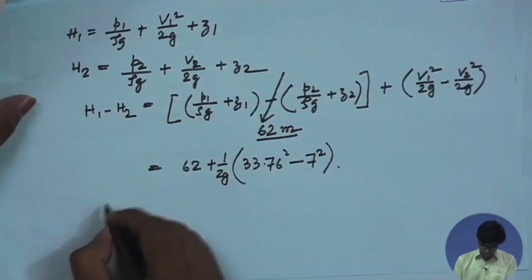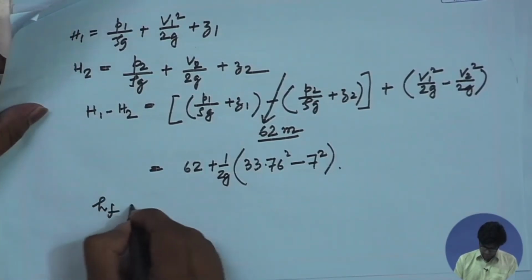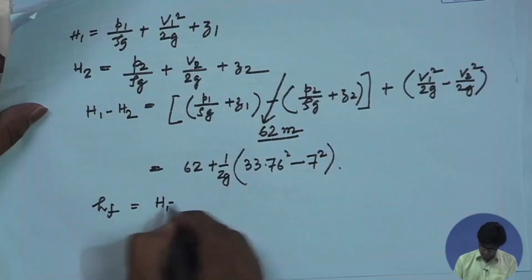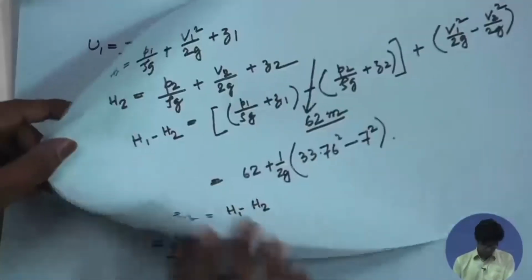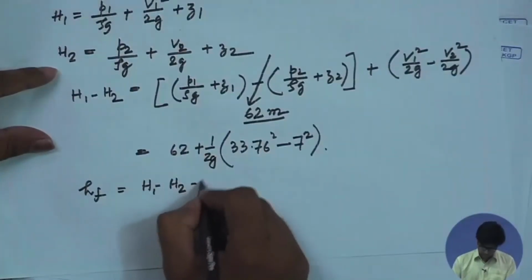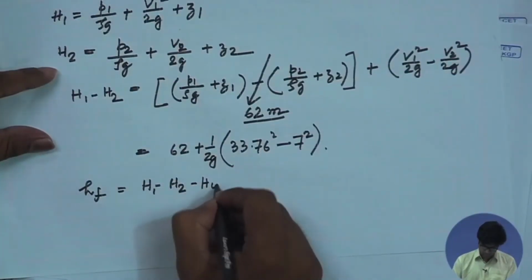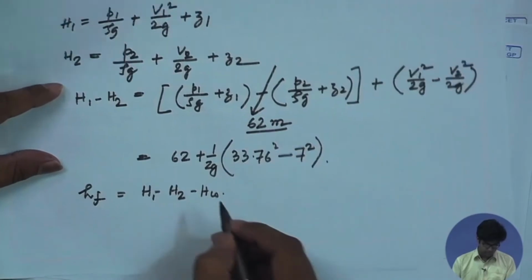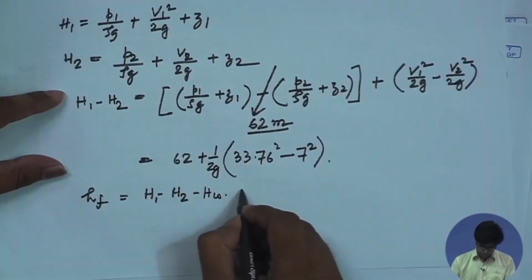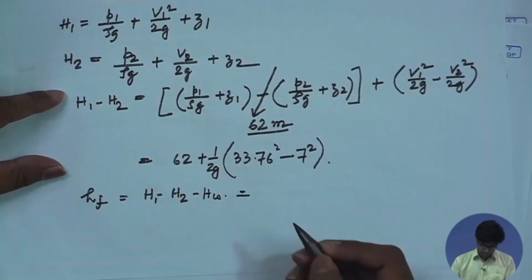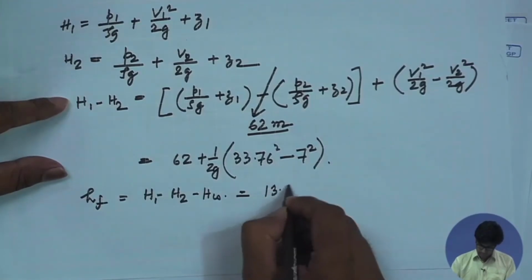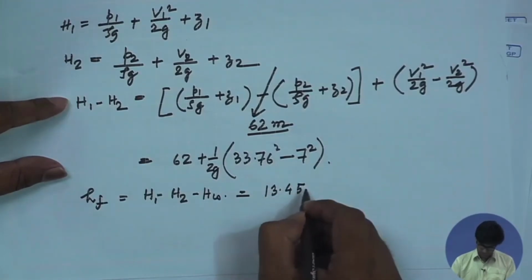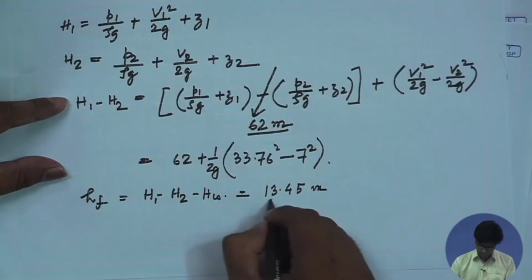So, ultimately we get the value of Hf as H1 minus H2 minus Hw. We know all the values we have already found out. So, substituting all the values, we ultimately get this loss in head as 13.45 meters.